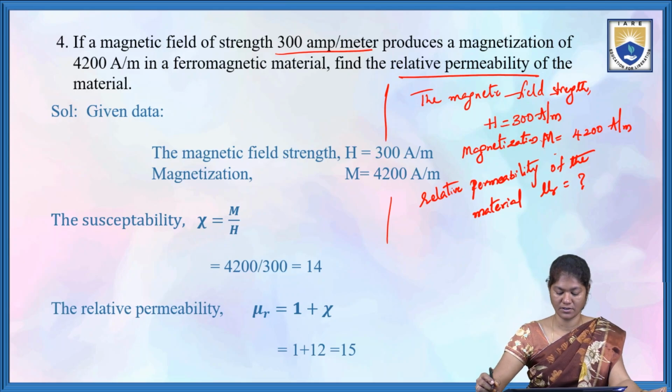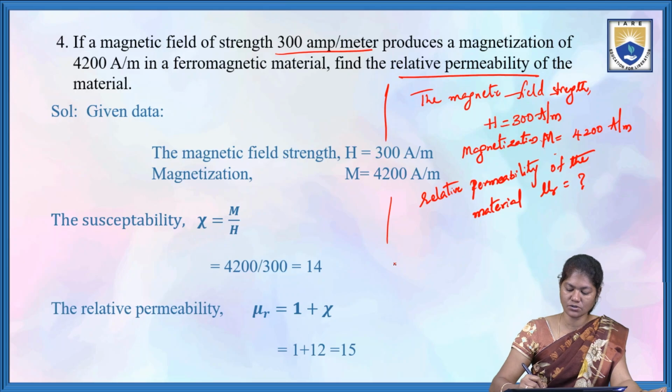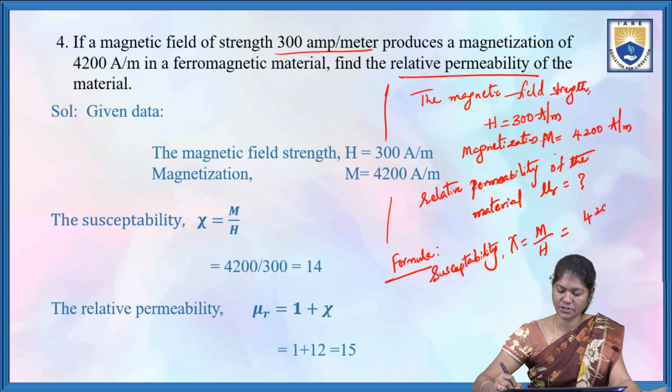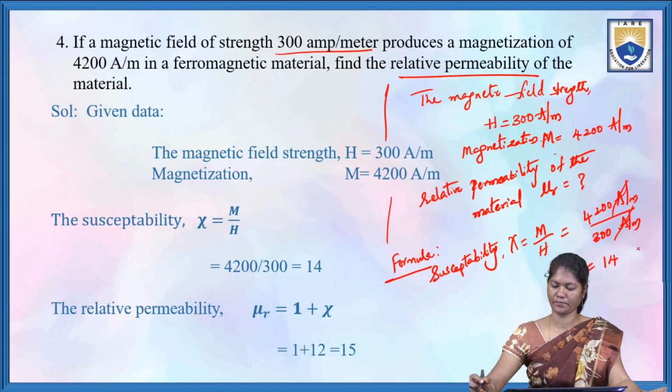So the susceptibility chi is equal to M by H, which is 4200 ampere per meter divided by 300 ampere per meter, so it is equal to 14.